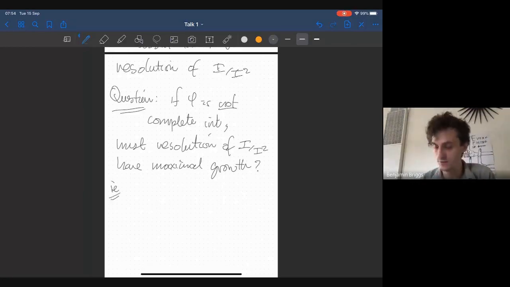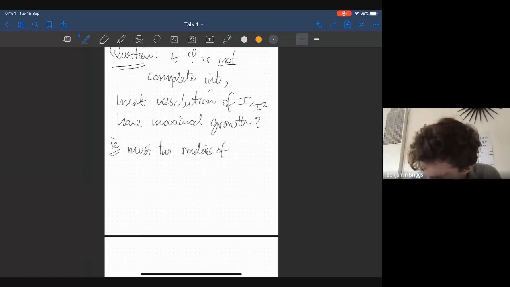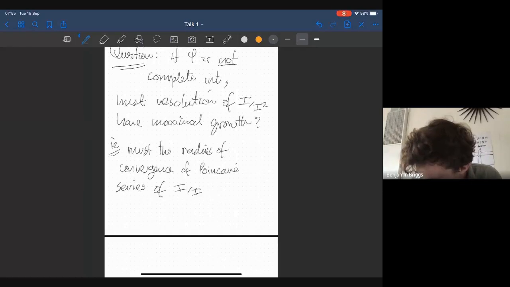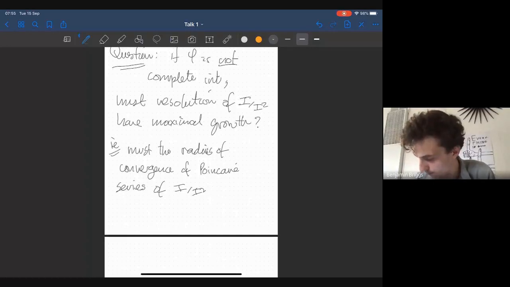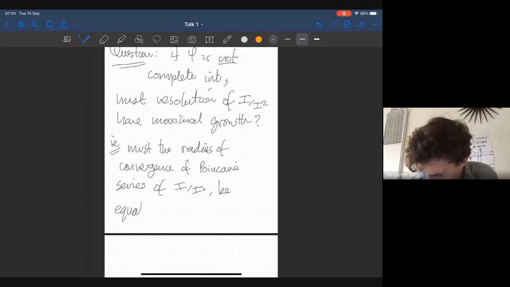I.e., measuring the growth of a resolution, there's various different ways to do that. So this is an ambiguous question. One concrete way to say it is: must the radius of convergence of the Poincare series of I mod I squared, so you take the generating series for its resolution and see the radius of convergence of that power series, must that radius of convergence be equal to that of K?